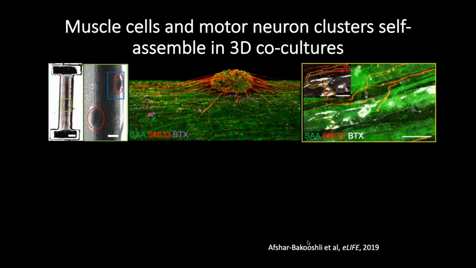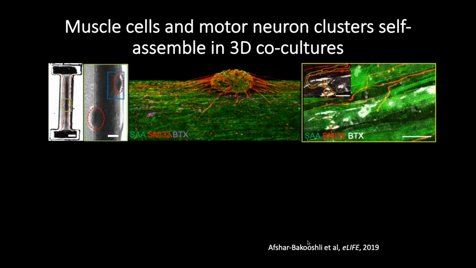If we zoom in a little bit more, here we can see SMI32 labeled neurites, and they're tracking their way along these striated muscle fibers. And in white, we have stained the acetylcholine receptor clusters, and we can see that these neurites like to make their way to these acetylcholine receptor clusters just as they would in the body.